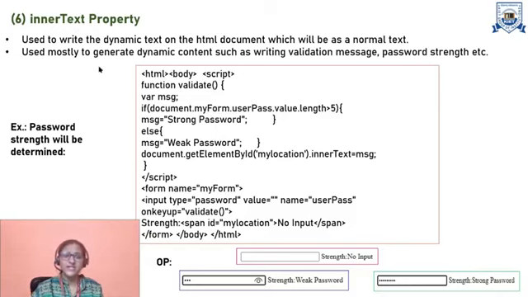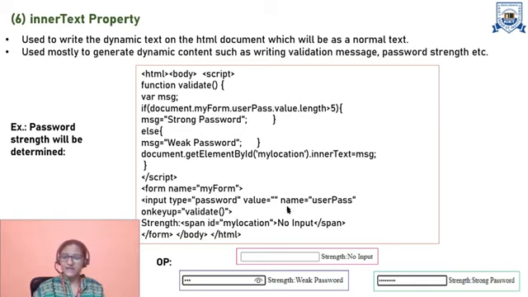It is used mostly to generate dynamic content, such as writing validation message, password strength, all this kind of work. So in this example, we are going to consider the password strength. We have created a form which name is my form. Here we have created an input type, a password element, a password field we have used. Initially, nothing is written over that password element.